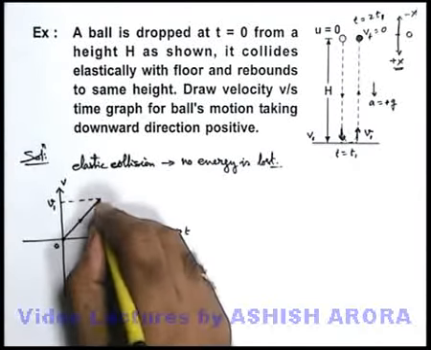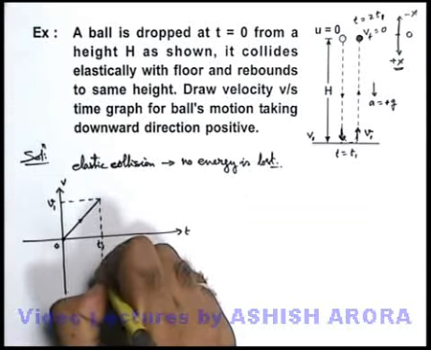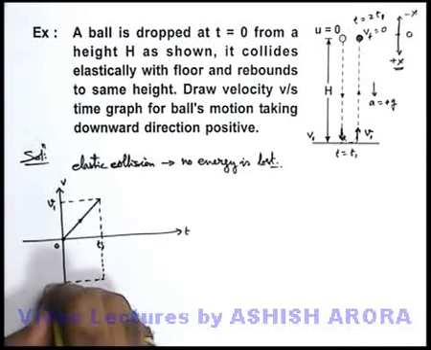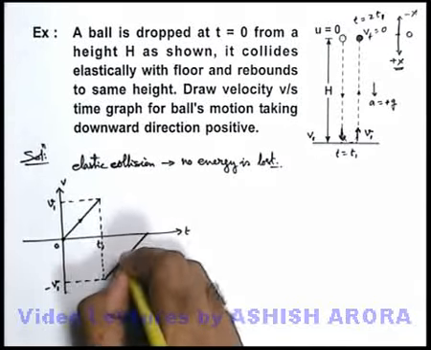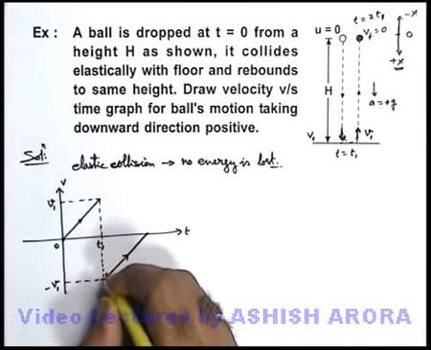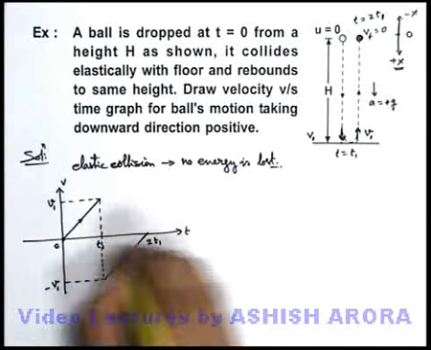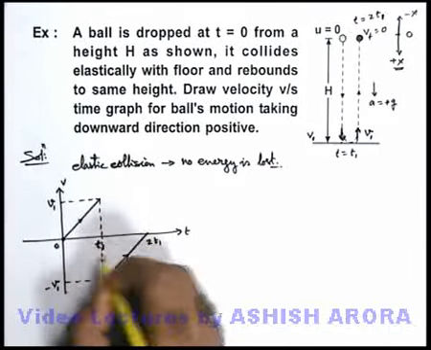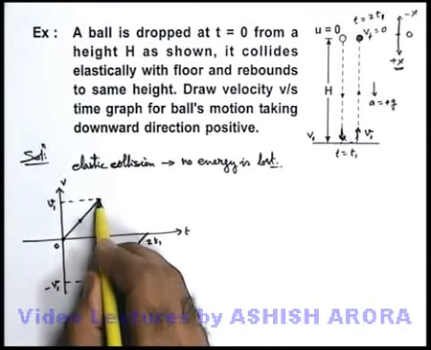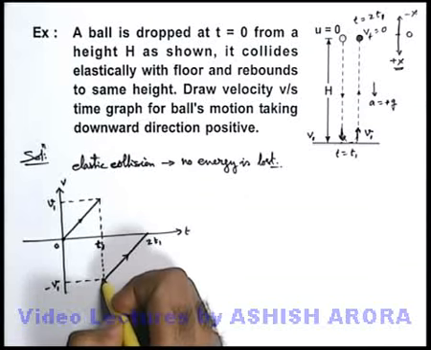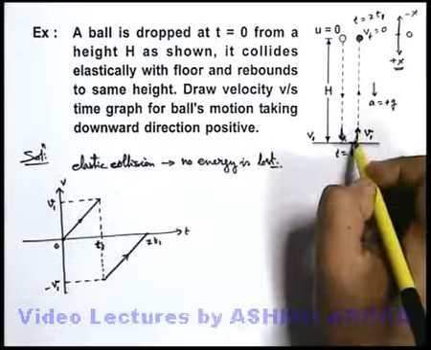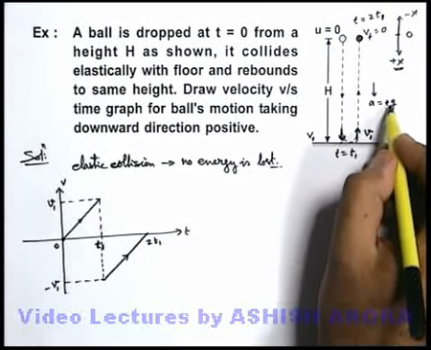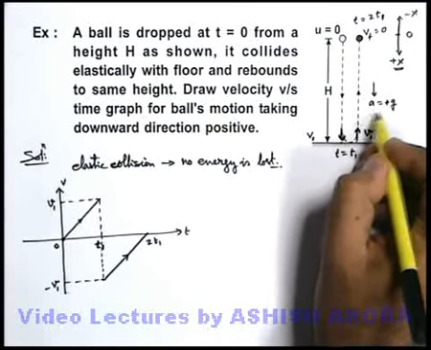So at time t1, just after t1, the velocity changes to minus v1, and then the same straight line will carry on till time 2t1. The initial time was 0, and at time t1 it strikes the floor, its velocity is reversed, and the straight line will remain the same, because still during upward motion acceleration is positive, velocity is negative, and it is uniform.